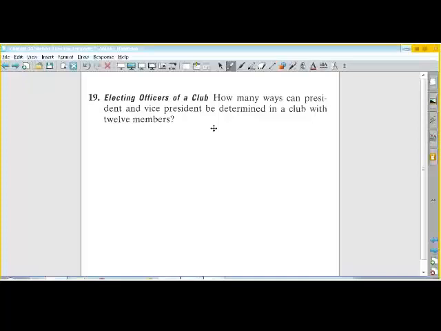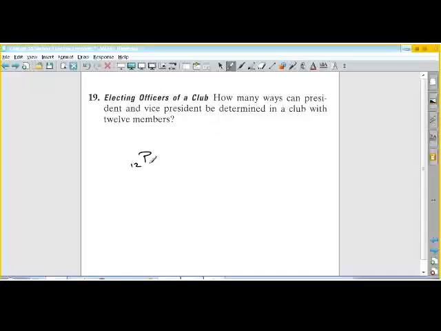Order means permutations, so I use the same formula as in the last problem. We just have to figure out what N is, the bigger number, and what R is. So 12 things taken 2 at a time.